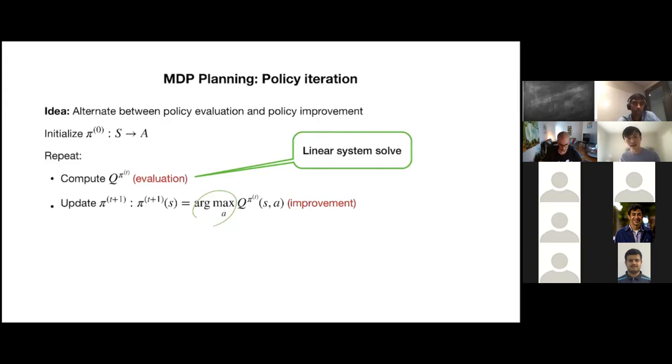Intuitively, this actually makes a lot of sense, right? This says that if at state S, you find an action A such that if you deviate to action A first and then follow the older policy, you realize that this is a better procedure than directly following the older policy pi t, then next time you see this state, you should pick this new action, because you found a better, local improvement, by deviating to A first and then following the older policy instead of just following the older policy all the way to the end.